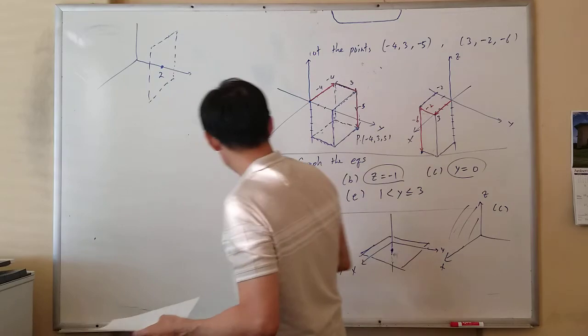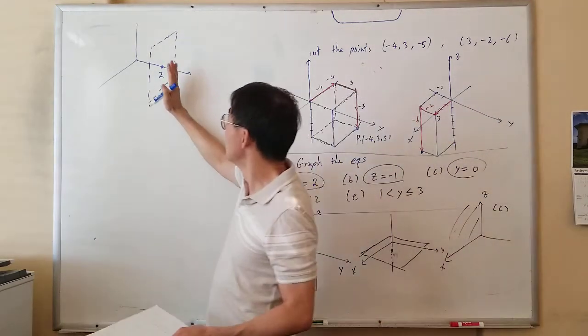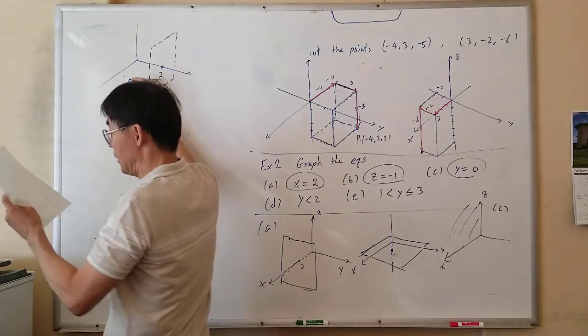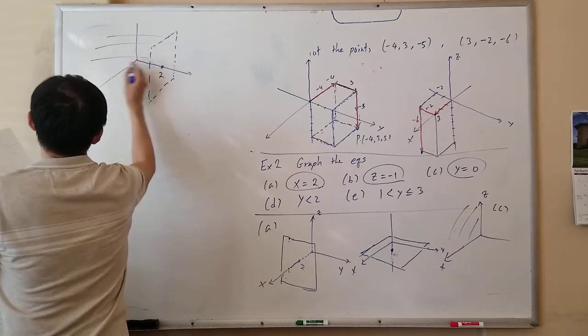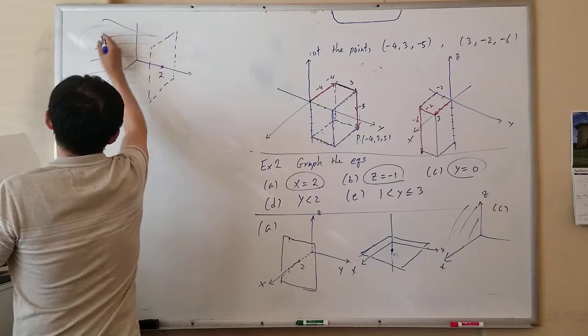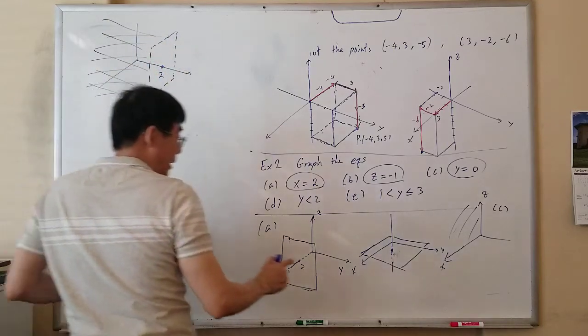But anything with y less than 2 means the side of this plane to the left. Alright? So anything to the left hand side of this plane, not including the plane itself.